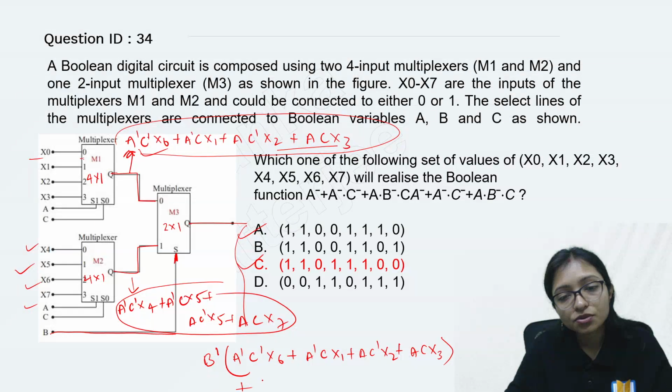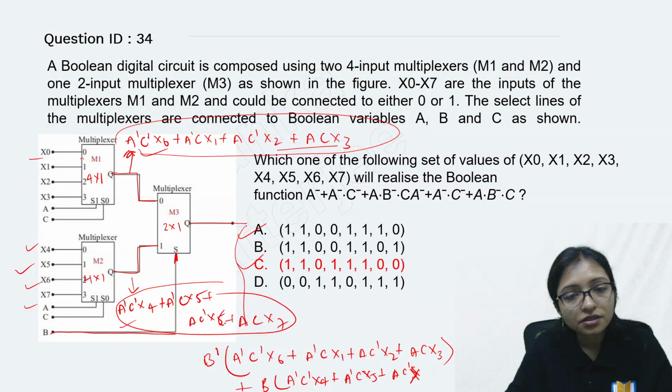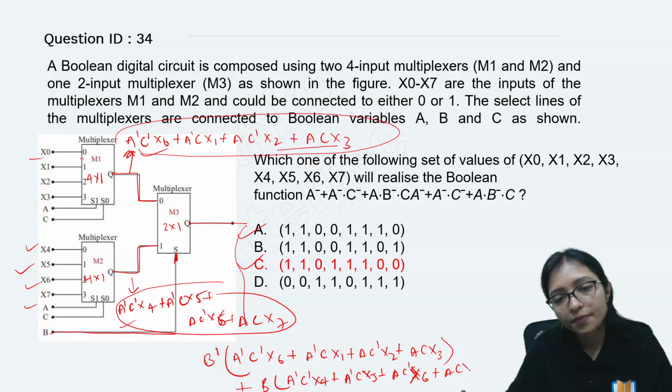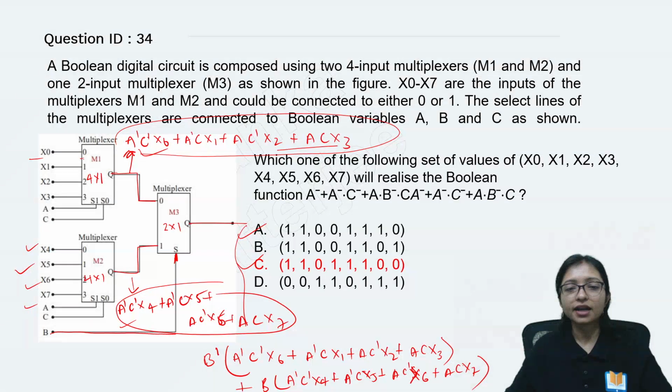Then plus, whenever I am getting B, I select this one, that is A bar C bar x4 plus A bar C x5 plus A C bar x6 plus AC x7, like that.